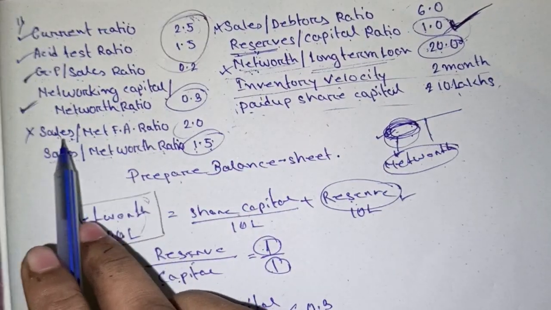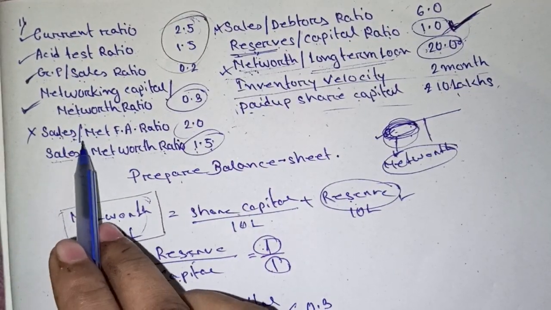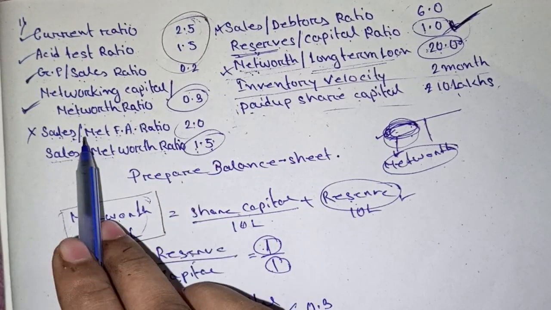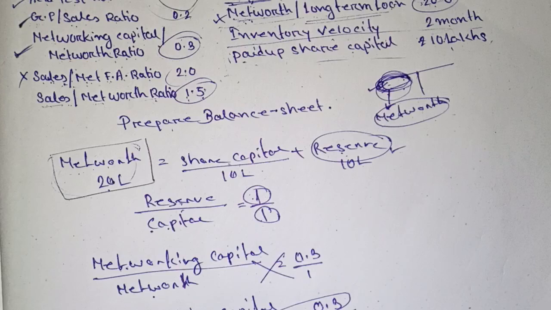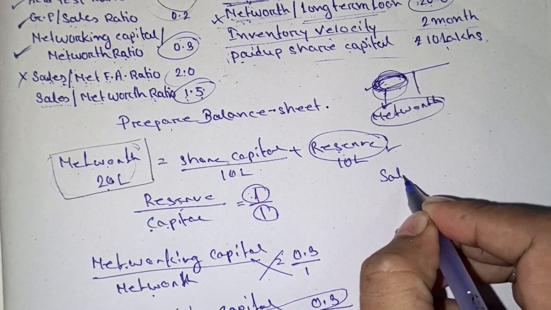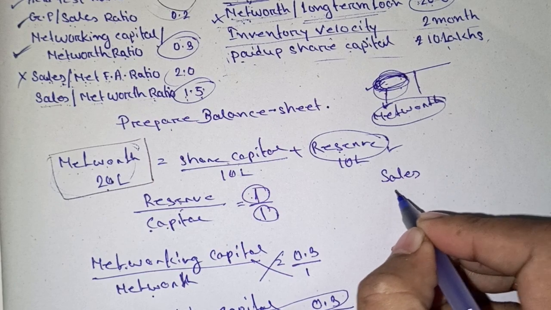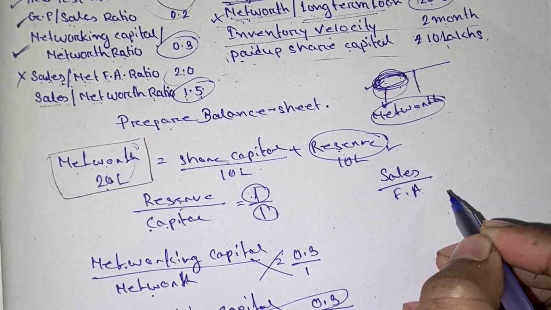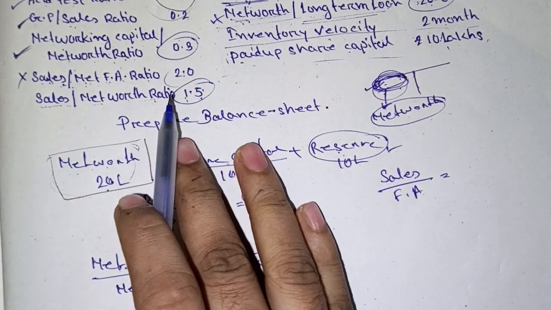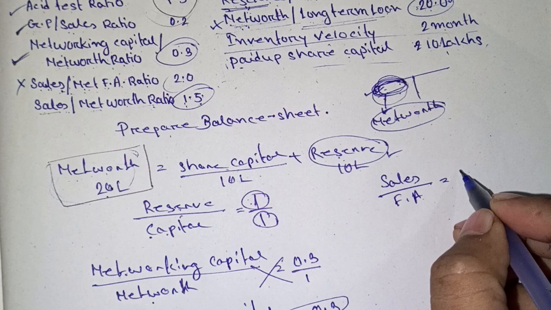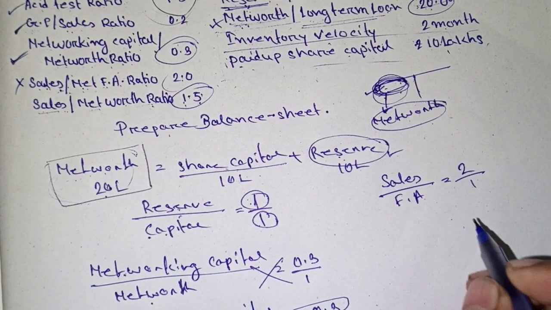Okay, so the first one, given sales by net fixed asset ratio is 2. Write it here: sales by fixed asset is 2 by 1.